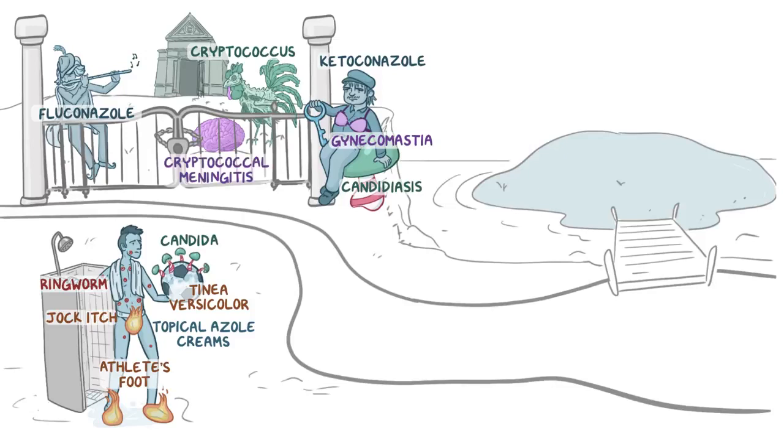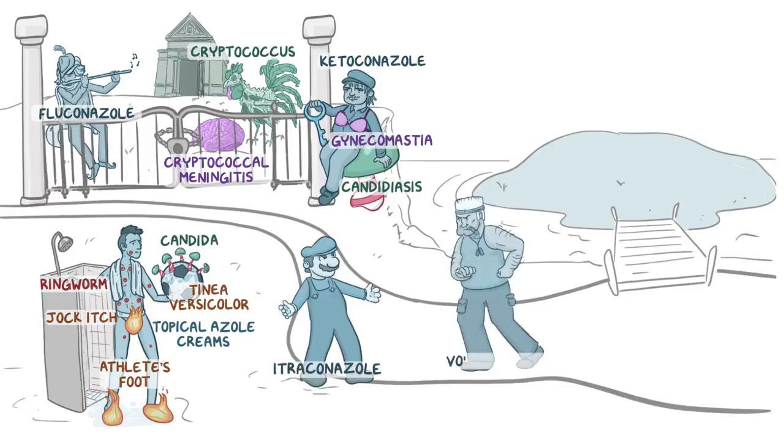Next, we have the wider spectrum of azoles in the middle part of the street. Here we have a duel between an Italian plumber for itraconazole and a grizzled warrior for voriconazole. The warrior has an eye patch to help you remember voriconazole causes visual disturbances. The two are fighting over a rare cockatoo for coccidioides.